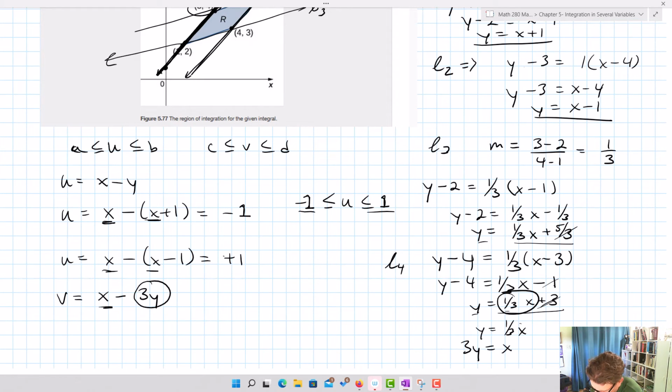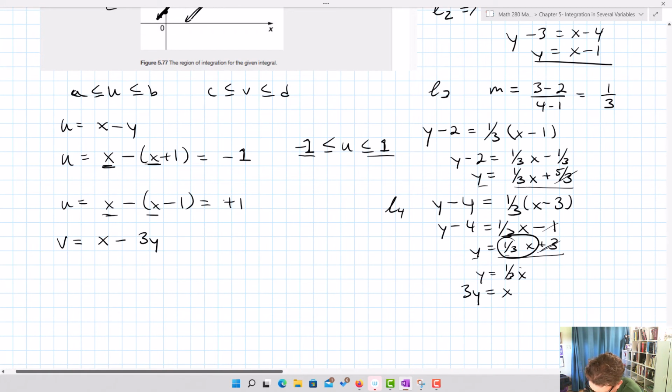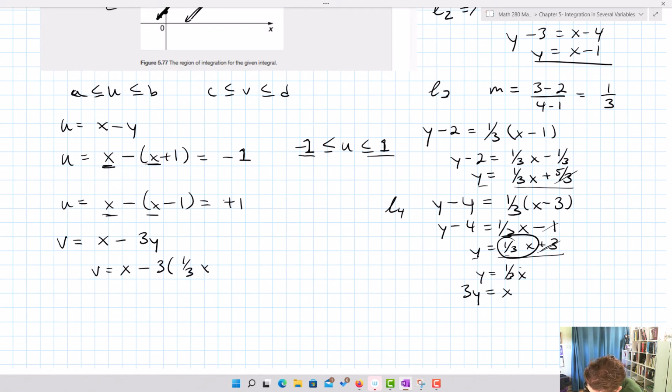Then for the bounds for v, I'm going to get v equals x minus 3 times (1/3 x plus 5/3), and that's going to end up equaling x minus x minus 5, which equals negative 5.